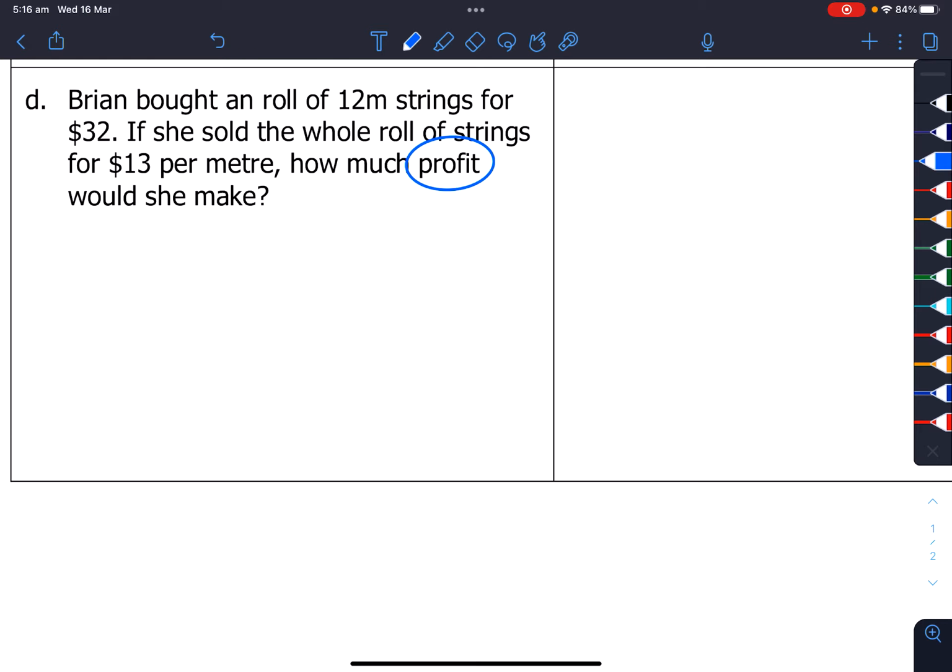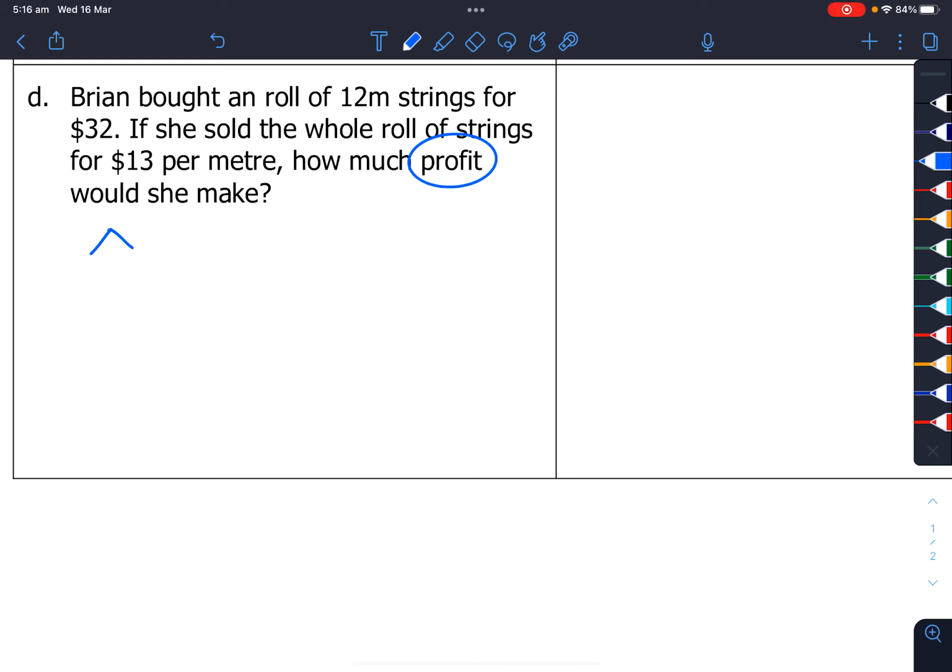For example, there's a store here, or shopping mall here.